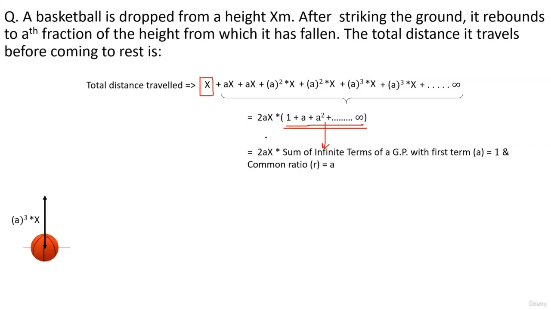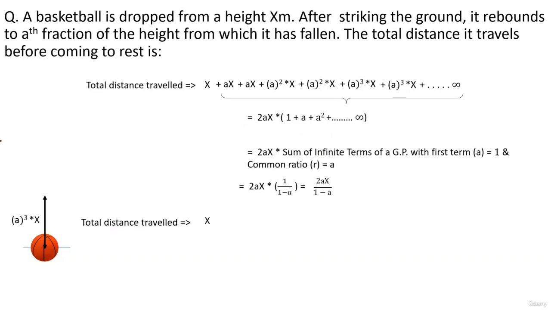So you have this equal to 2ax common into the sum of the infinite terms of a GP, जिसका first term 1 है and common ratio a है, right? So यहाँ पे we have the formula, a upon 1 minus r, इसके लिए हम formula apply करेंगे, that is 1 upon 1 minus a, isn't it? So when you multiply them, you get 2ax divided by 1 minus a. This is the value of the entire thing, the sum of the infinite terms of the geometric progression.